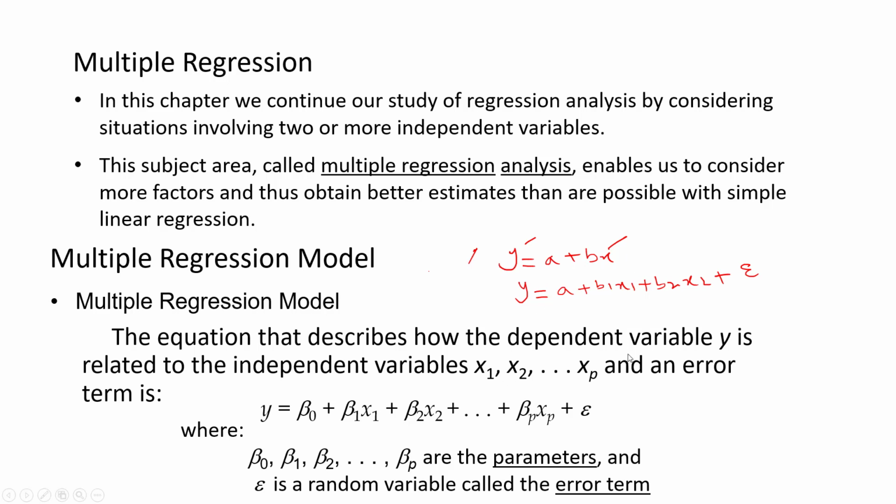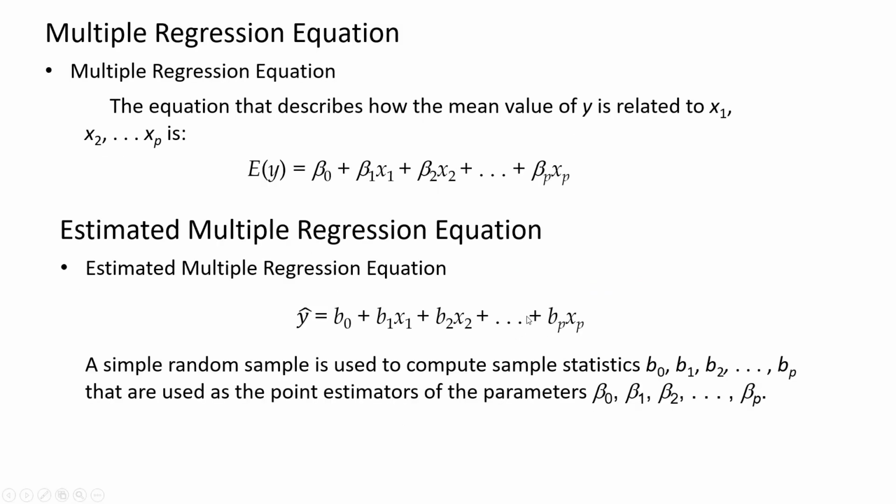Now how do we calculate these parameters? Before, we used specific formulas for the intercept and for the slope, but now we have two slopes. How will we calculate them, because we have two independent variables and we want to check the dependency on each of them and also on both together? We can calculate these parameters using different formulas, but Excel, SPSS or R have built-in functions you can use.